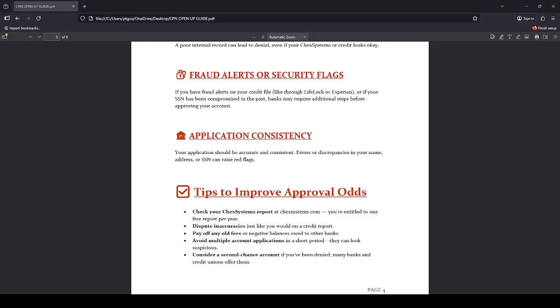Now, what you have to understand is these checks are not free. They cost a lot of money, right? Think about all the people that apply for these accounts that you know will get denied. It costs to do this, and therefore a lot of these banks will probably do this on the back end. And if your profile is set up correctly, you might just slip under the radar.